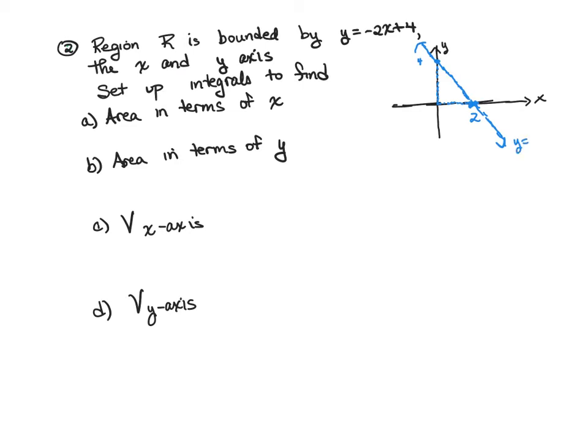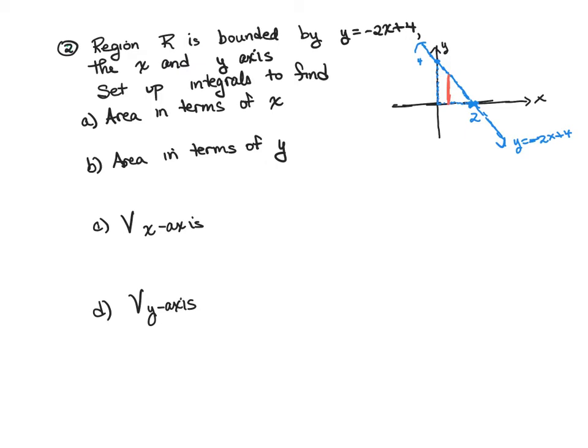Now if we were to find the area of this region R in terms of x, we must use a vertical rectangle. So we draw a vertical rectangle here. We integrate with respect to x.